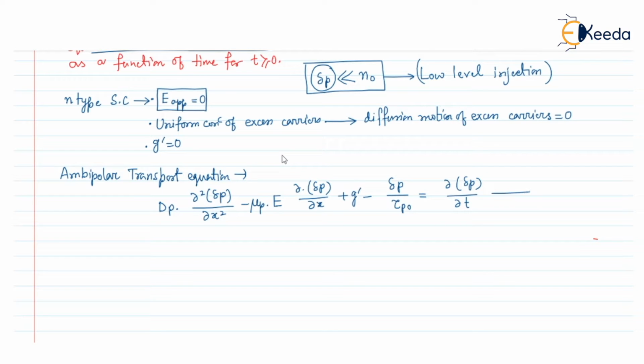So this is the ambipolar transport equation in an n-type semiconductor.